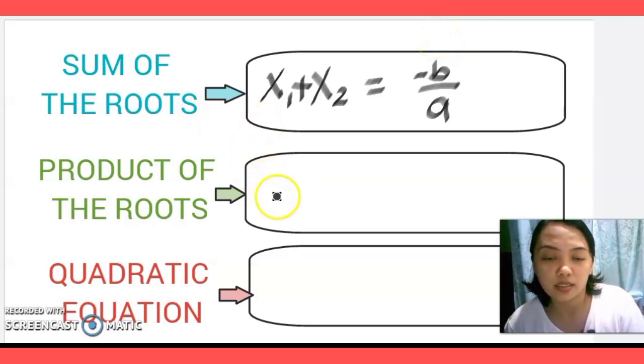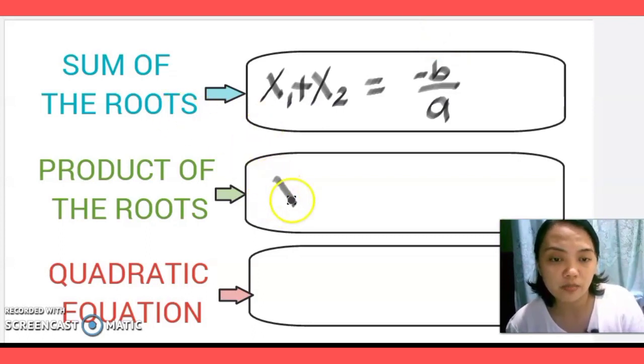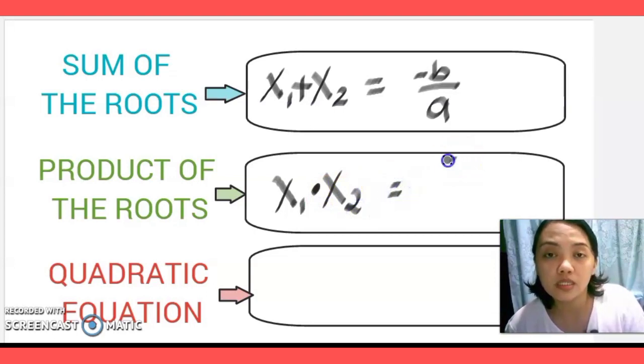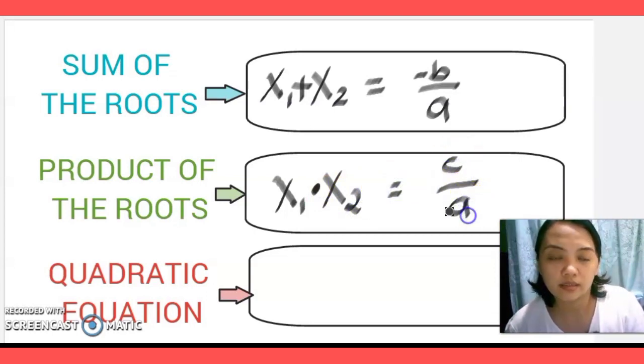of the roots. Next, sa product of the roots naman, if we multiply the two roots, x sub 1 times x sub 2 is equal to c over a.